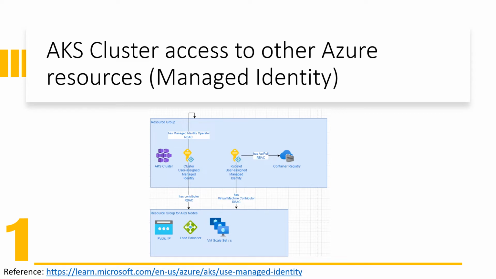They need different RBACs to be able to do their tasks. For example, the kubelet managed identity needs ACR pull, the Azure Container Registry pull RBAC, to be able to pull an image from the container registry and deploy it as a pod on the cluster.